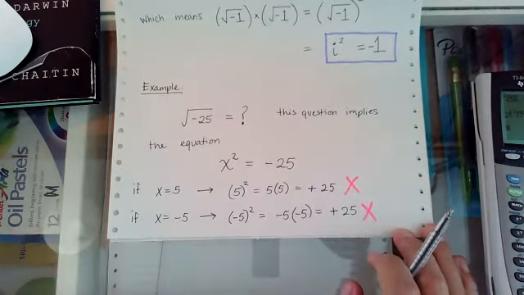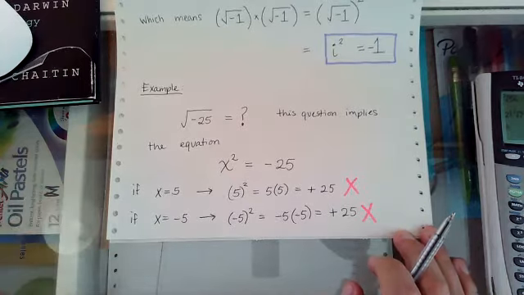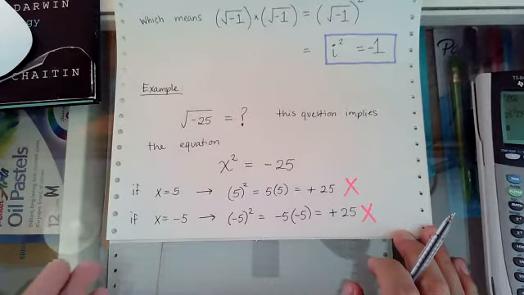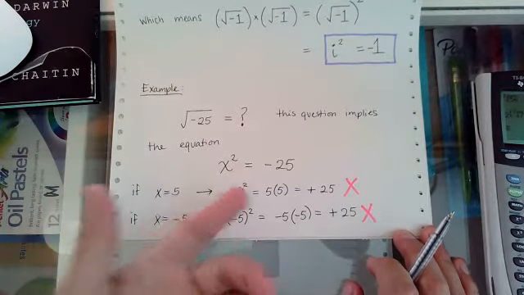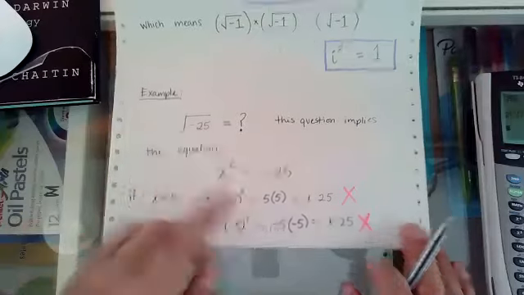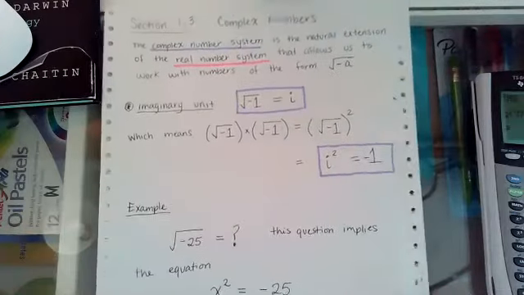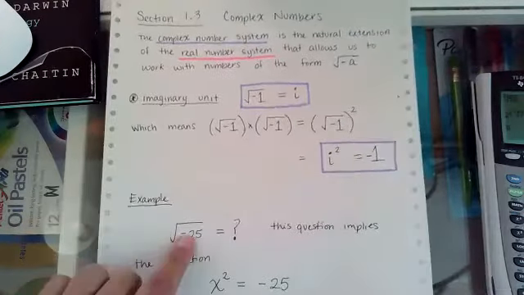Because our square root operation is doing something funny here, and implies that something squared should give us something negative, we have to figure out a way to deal with this negative square root. Okay.